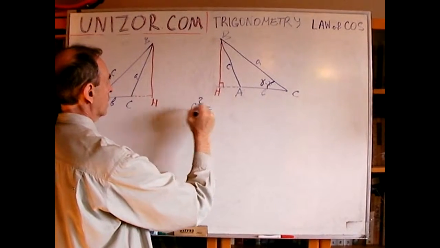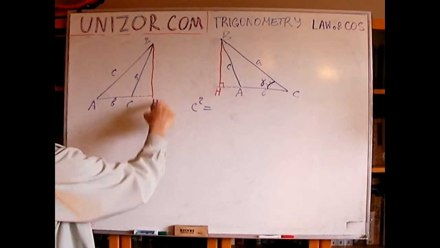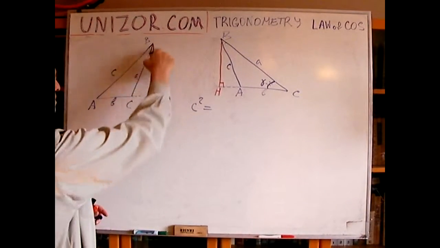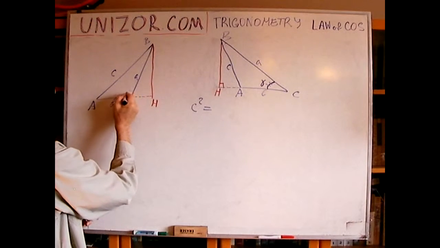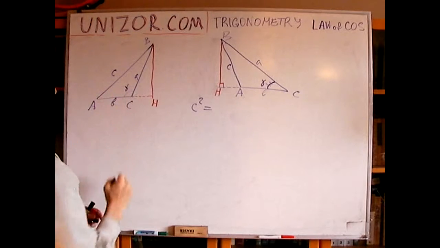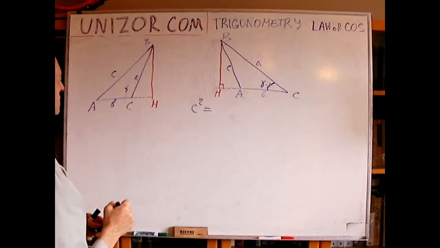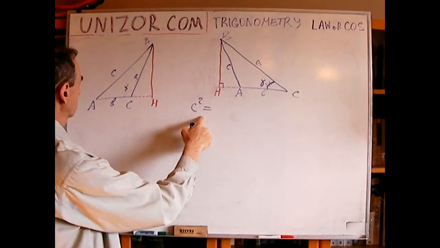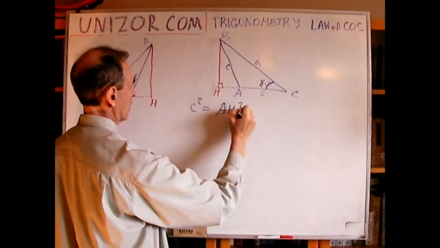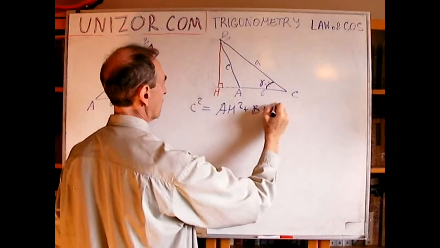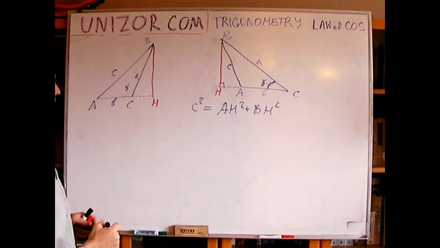C squared equals, from AHB, it's BH. Now, where is the gamma? Gamma is here. This is my gamma. So C squared is equal to AH squared plus BH squared. So far, exactly the same as before.